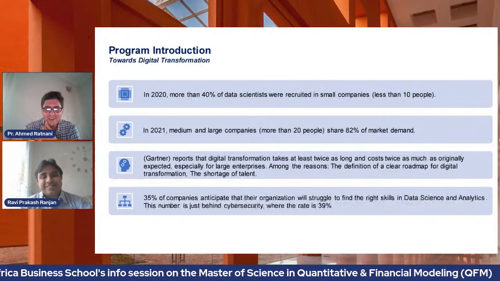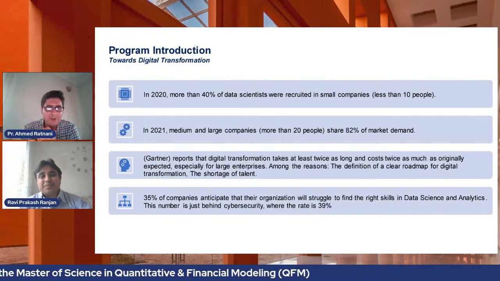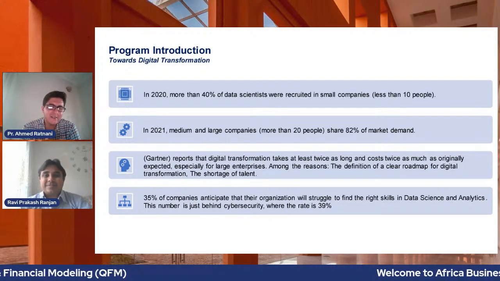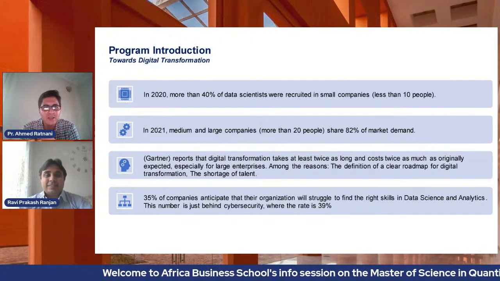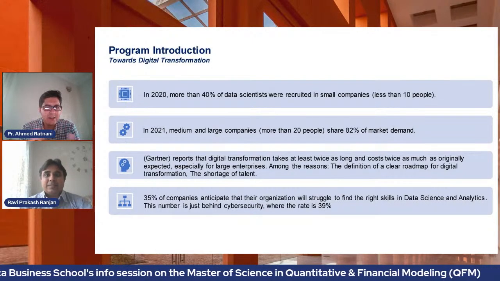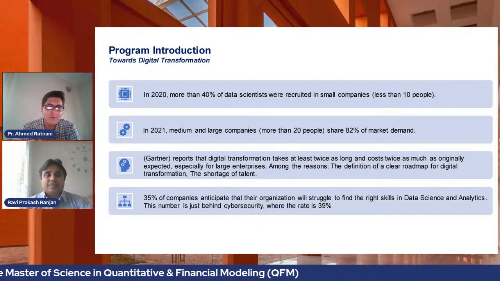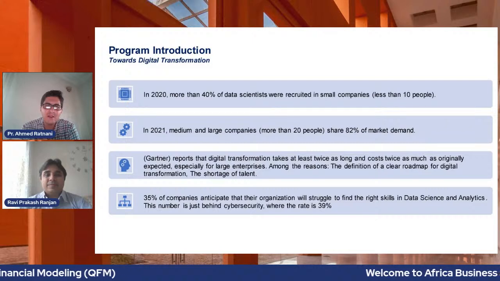Thanks a lot, Ravi. I'm certain that you heard a lot about data science and artificial intelligence, and in fact, all companies, be they small or big, are working on their digital transformation. If we take a look at some numbers, during 2020, most of the data scientists were recruited in small companies, meaning less than 10 people.